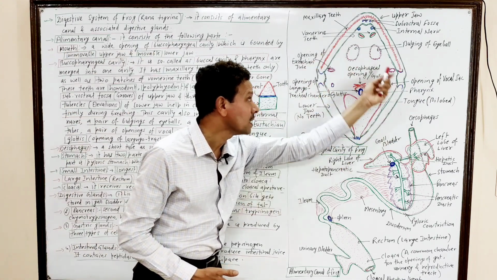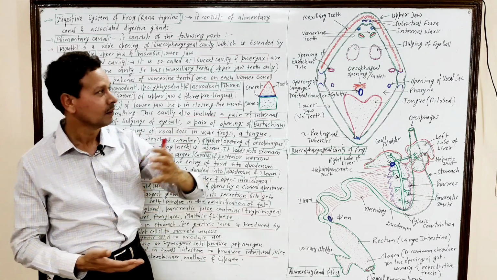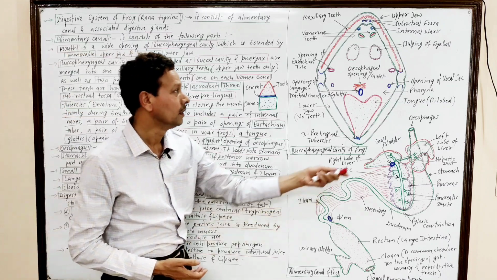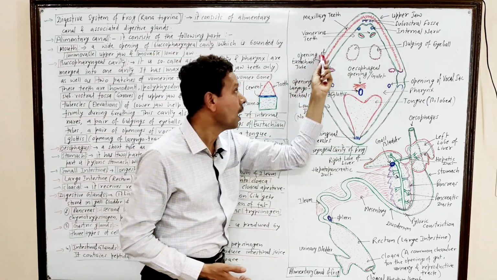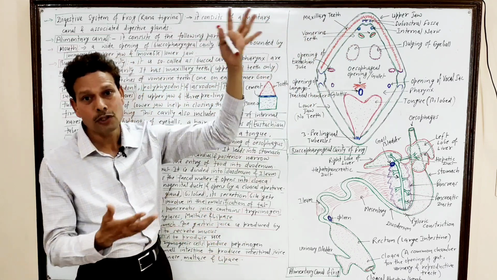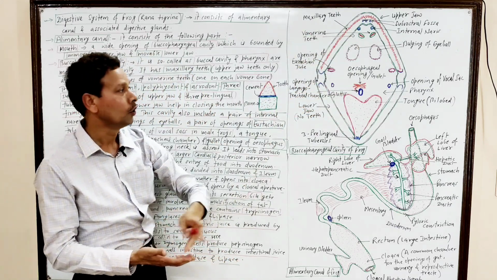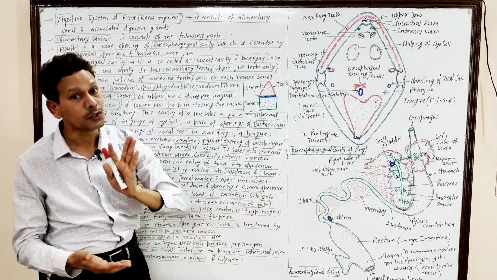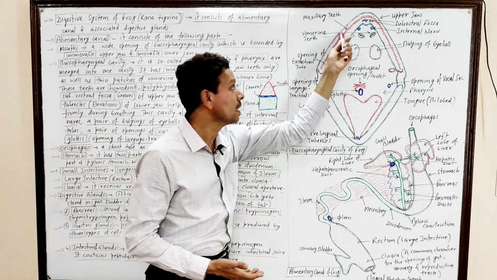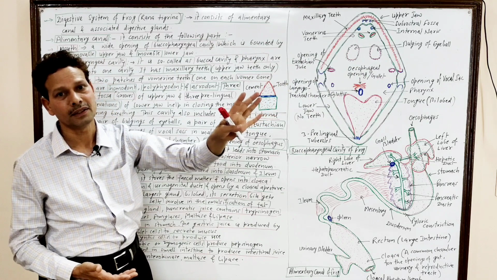As the name indicates, buccopharyngeal means both buccal cavity and pharynx are merged into one cavity. The upper jaw, or maxilla, possesses maxillary teeth, and is immovable, while the lower jaw, which is without any teeth, is highly movable.